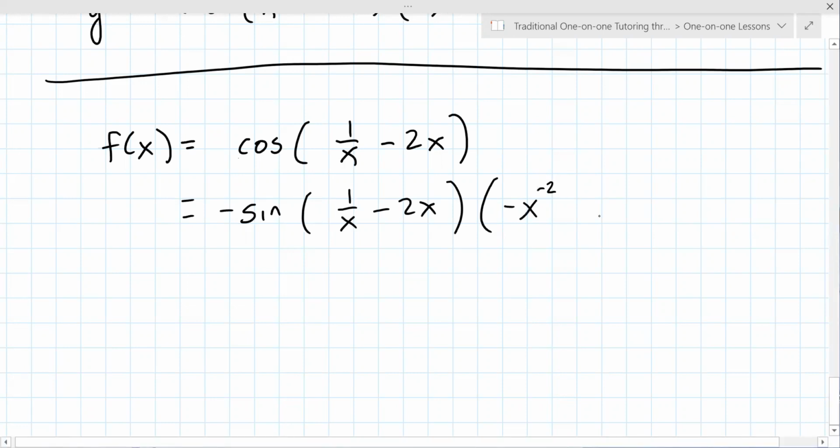To the negative 2 power. This is really x to the minus 1, so what is the power rule for that? You have to bring the negative down, and then you have to subtract 1 from it. So that's why it becomes that. And then minus 2x is minus 2.